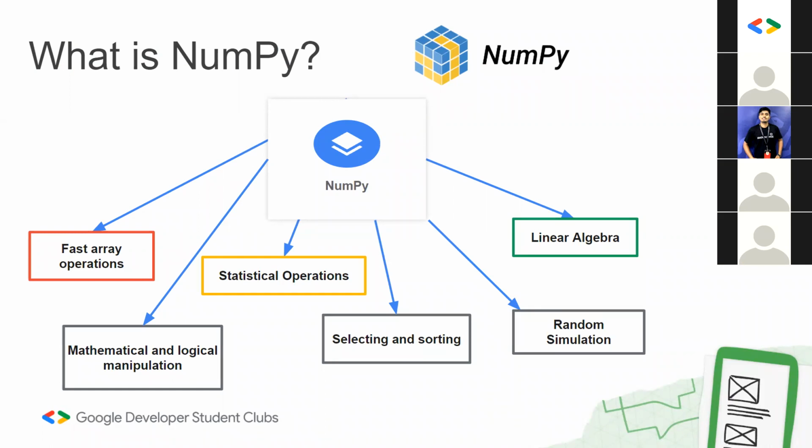And there are, of course, many other features like mathematical and logical manipulation, statistical operations, selecting, sorting, linear algebra, and random simulation. Random simulation is where we introduce randomness into our project. For example, if we want to generate a random number in the project, then we just call the random function from the NumPy library, and that will do the job.